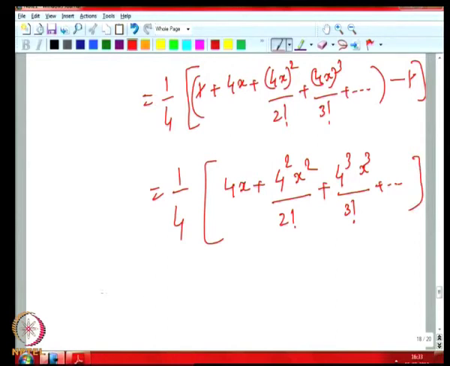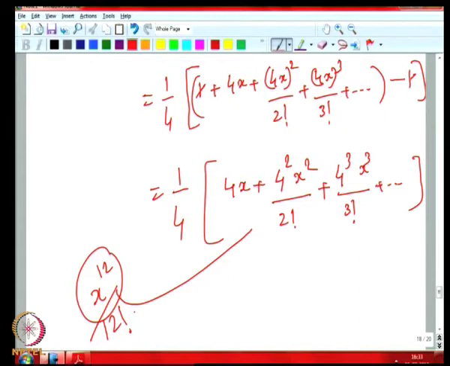So what would be the coefficient of x raised to 12 by 12 factorial in this thing, right.